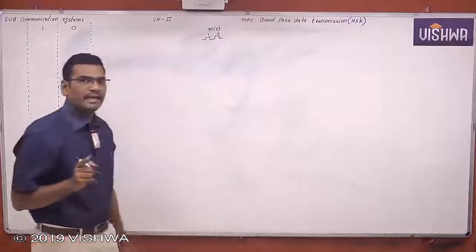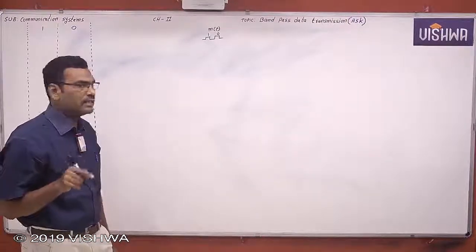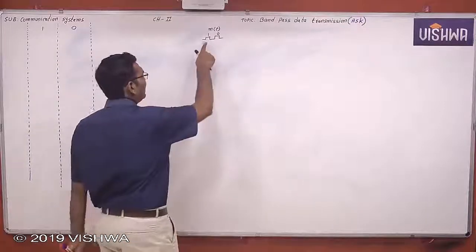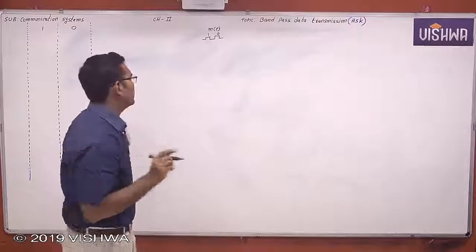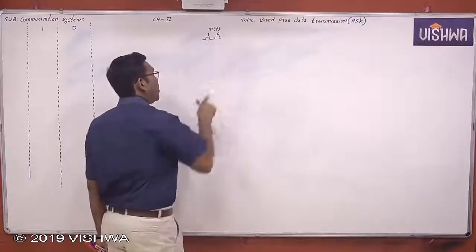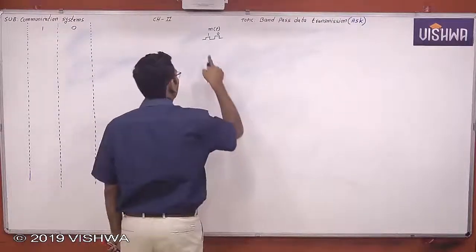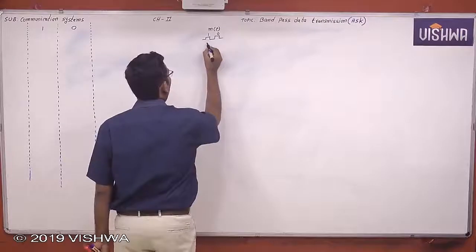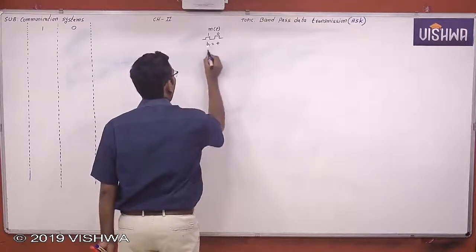To generate an ASK signal, an amplitude shift keying signal, the binary data is represented in an on-off signaling scheme. What is the on-off signaling scheme? For binary 1, it is a positive voltage. For binary 0, it is 0 volts.